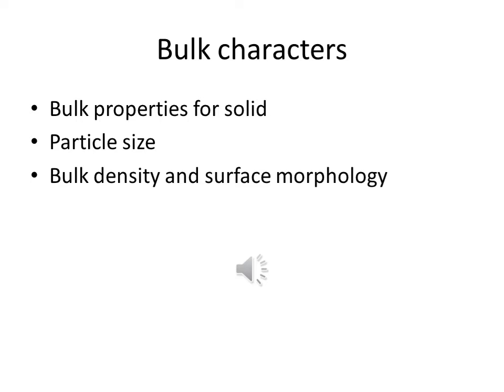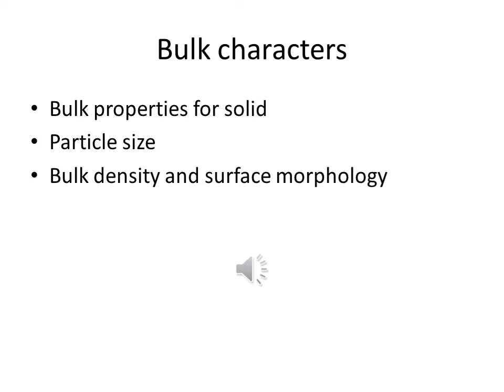Bulk characters of the drug. Bulk properties for solid material of the drug include the particle size, the bulk density, and surface morphology. All of these characters interfere with the industrial process.